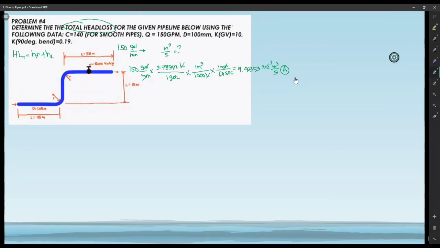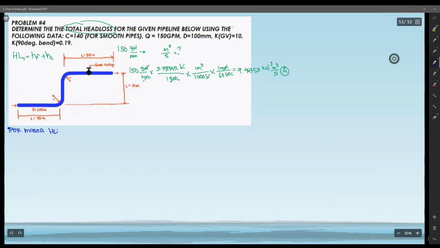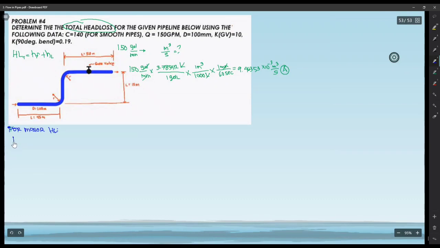So let's first compute the value for the major head loss. For major head loss, we have the corresponding equation in SI units, the Hazen-Williams equation. What is our formula for H sub F?